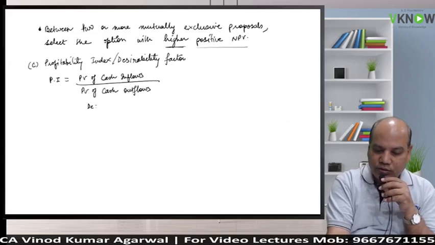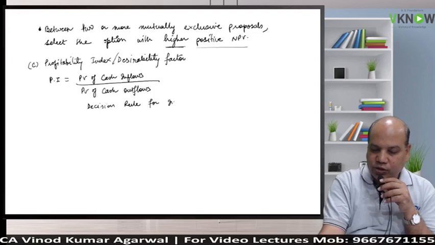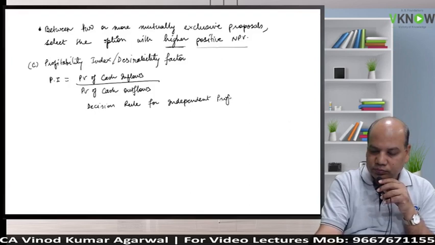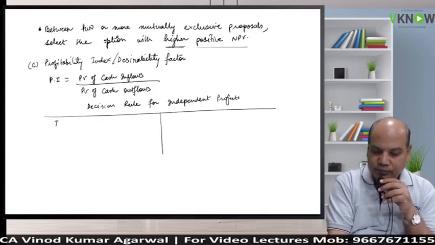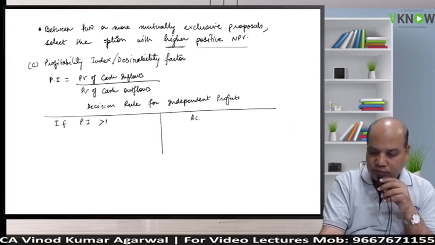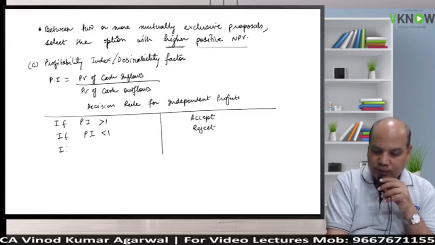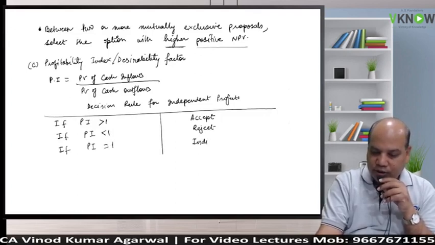So what is the decision rule? It's a ratio. Decision rule for independent projects: if profitability index is greater than 1, then accept. If profitability index is less than 1, then reject. If profitability index is equal to 1, then it is an indifferent situation.